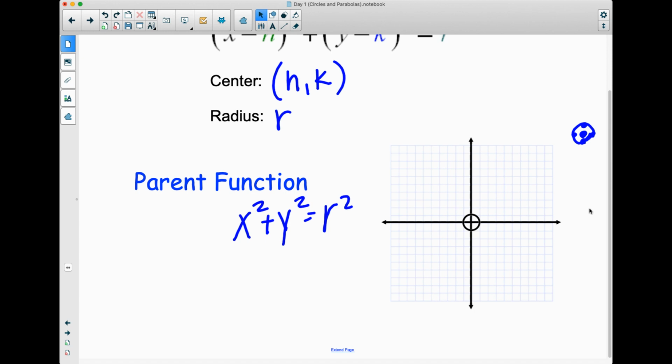All right. Now, when we're looking at our general equation, we are going to have our x's, our x squareds and our y squareds together. They put A, B's, and C's with all of these, just to put a number in front.